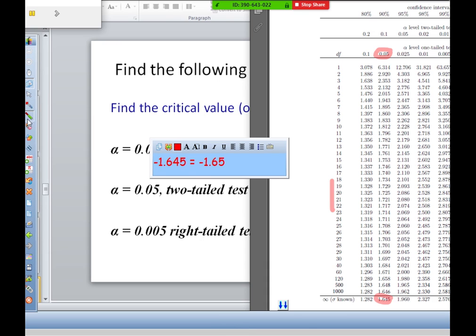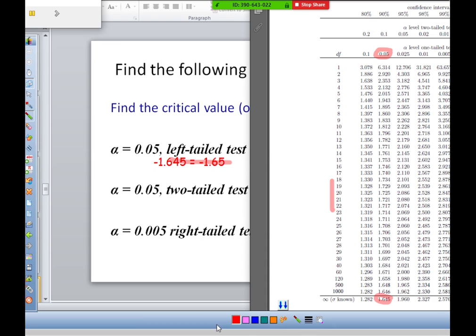Okay, now let's look at the next one. The next one is two-tailed, alpha is 0.05, so it says two-tailed up here, 0.05, we want this one right there, so we're going to grab this guy right here, 1.960. These are all z-scores.